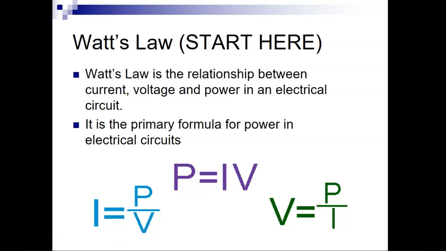Current is equal to power divided by voltage, and voltage is equal to power divided by current. It goes back to that, if you can find current and voltage in any circuit, you can find resistance, or you can find power, or you can find both. Does that make sense? All right.